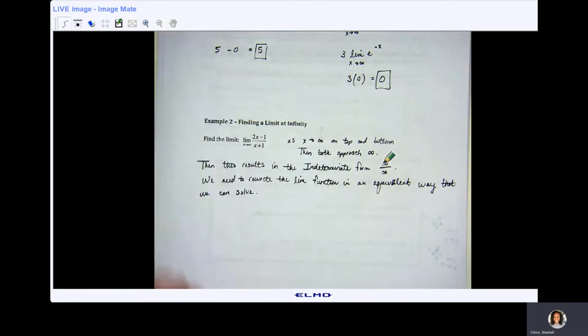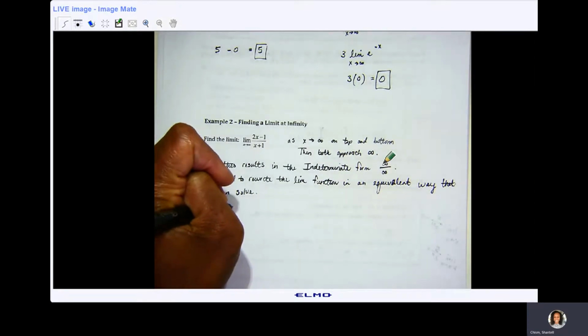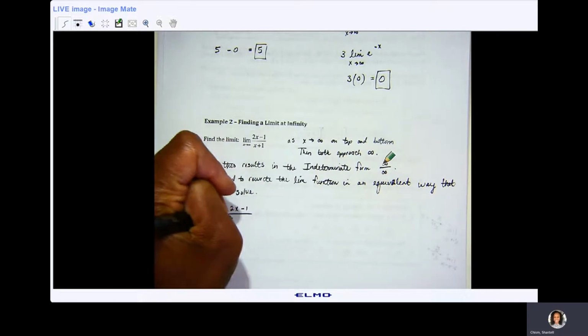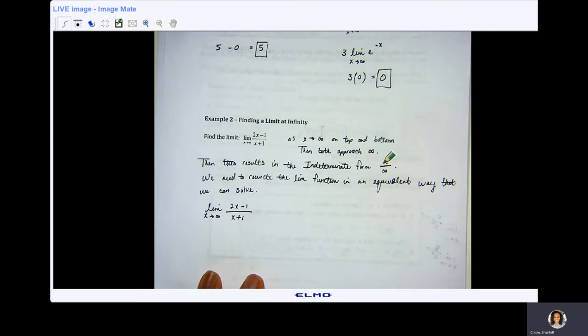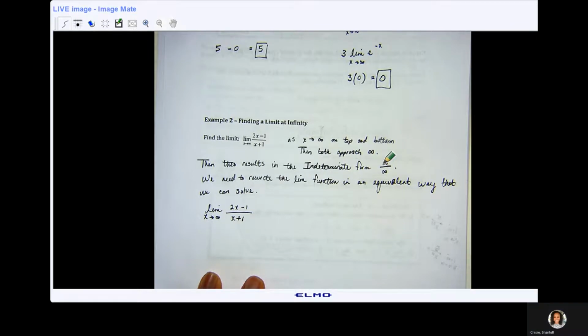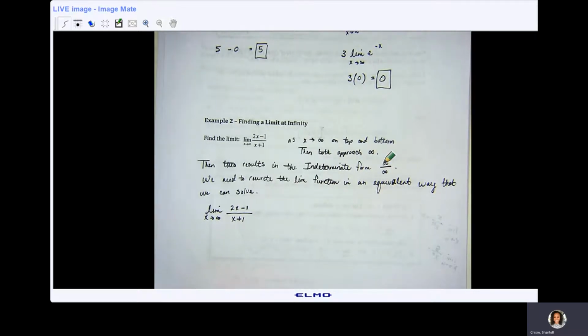Okay? So I've got the limit as x approaches infinity of 2x minus 1 over x plus 1. Okay? So what I'm going to do is try to set up an expression where, let's create a fraction on top. Normally we try to make it less complex, but we're going to actually make this more complex.